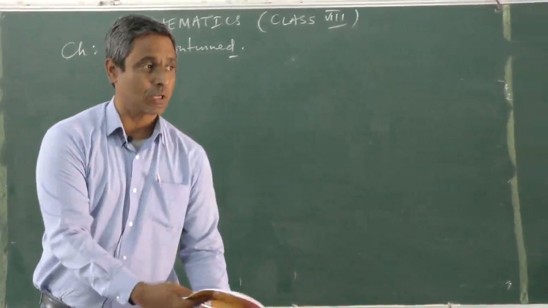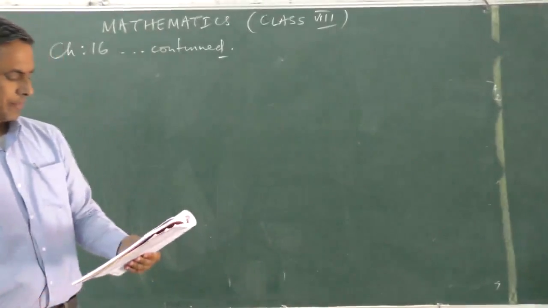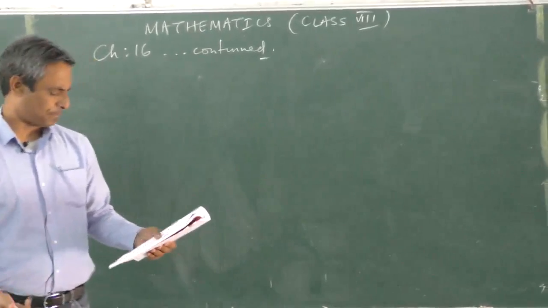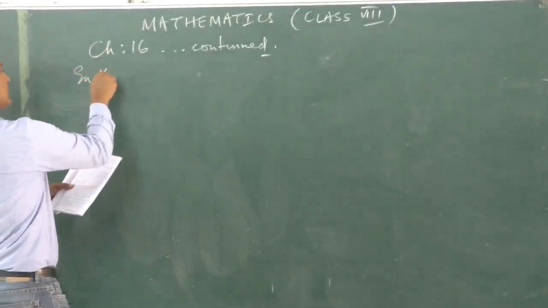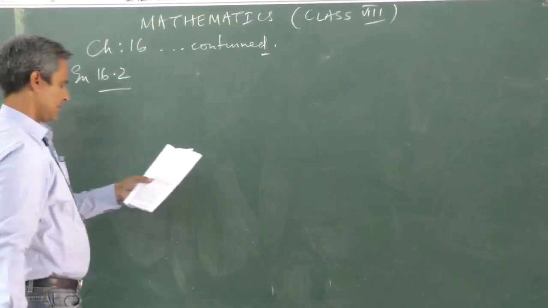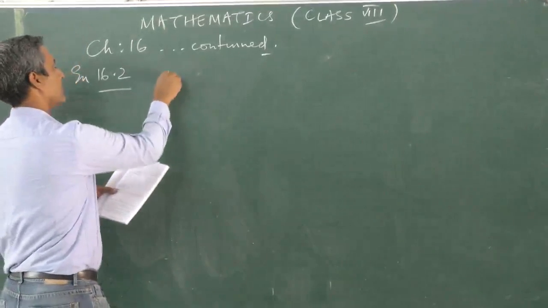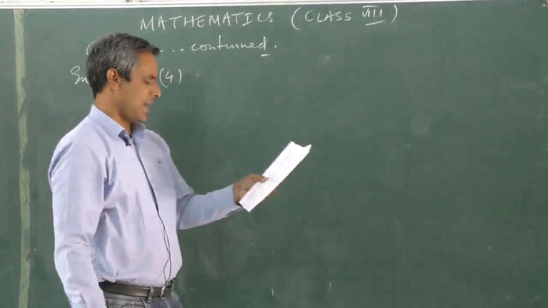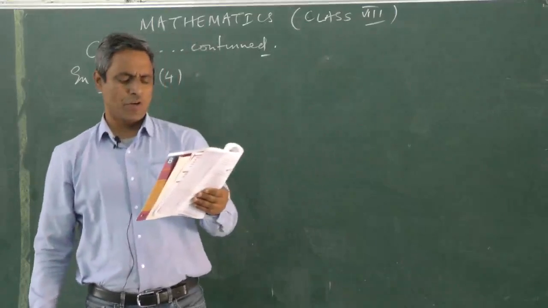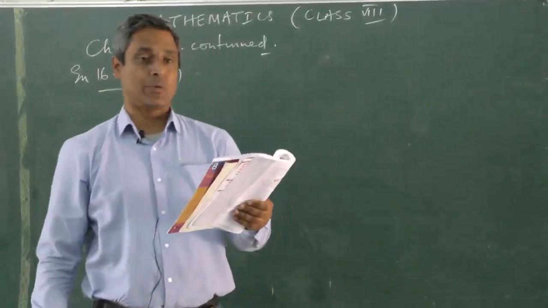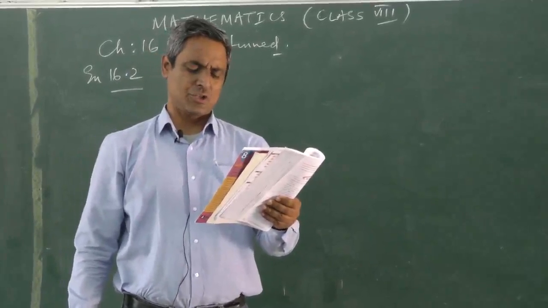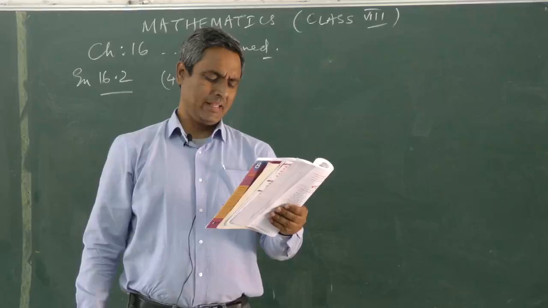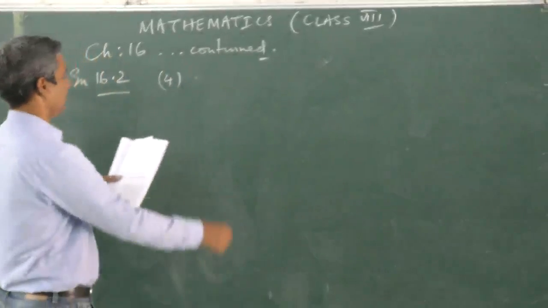I want to continue with your Innovative Maths book, exercise 16.2, Question 4. It says, if the perimeter of a parallelogram is 21 centimeters and the adjacent sides are in the ratio 3:4, find the sides of the parallelogram.